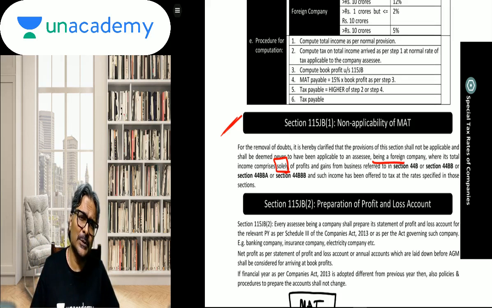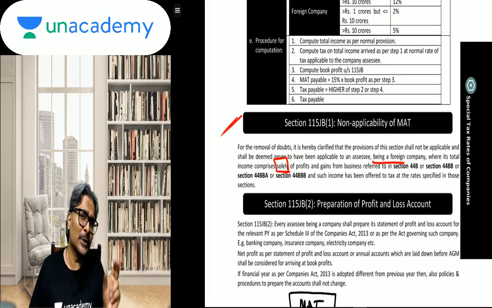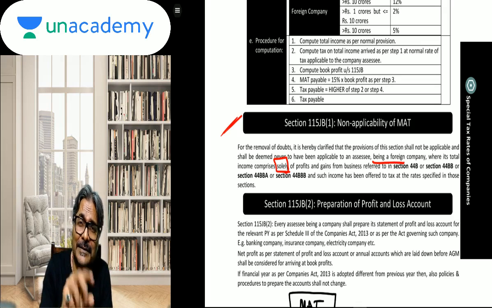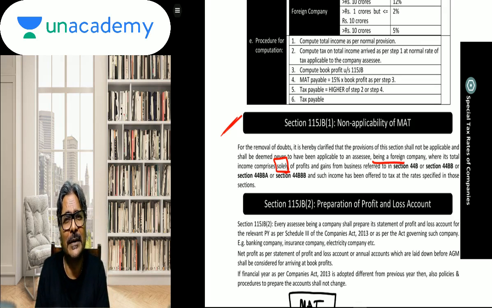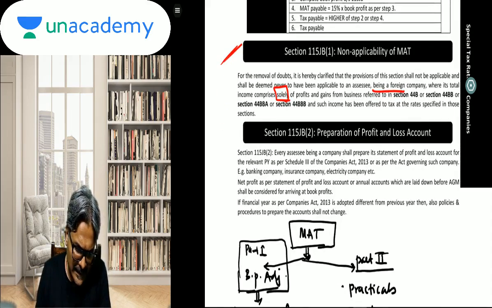Then in that particular case, students, as per section 115JB, such foreign company will not be required to go through the compliance of MAT. MAT is not applicable for this foreign company, but provided the same condition, that only that income should be assessable under the Act. There should not be any other income. If there is any other income, then definitely they will have to comply with MAT.